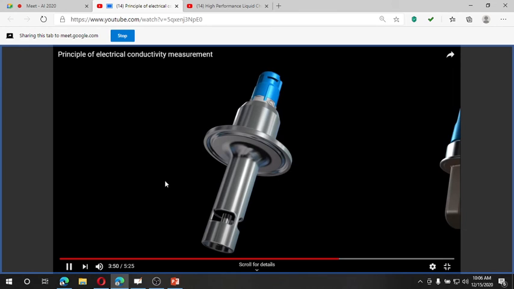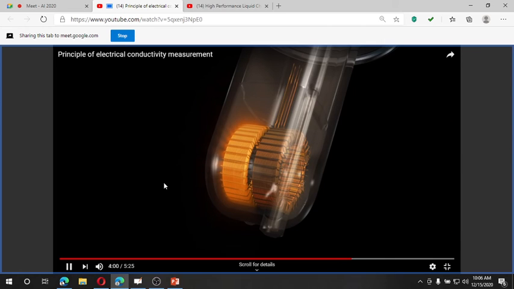The inductive measuring principle uses the inductive conductivity sensor. It contains an electromagnetic transmission and reception coil in a protective plastic coating. An alternating magnetic field is generated in the transmission coil, which induces an electric voltage in the liquid. This causes the positively and negatively charged ions of the liquid to move and generate an alternating current.